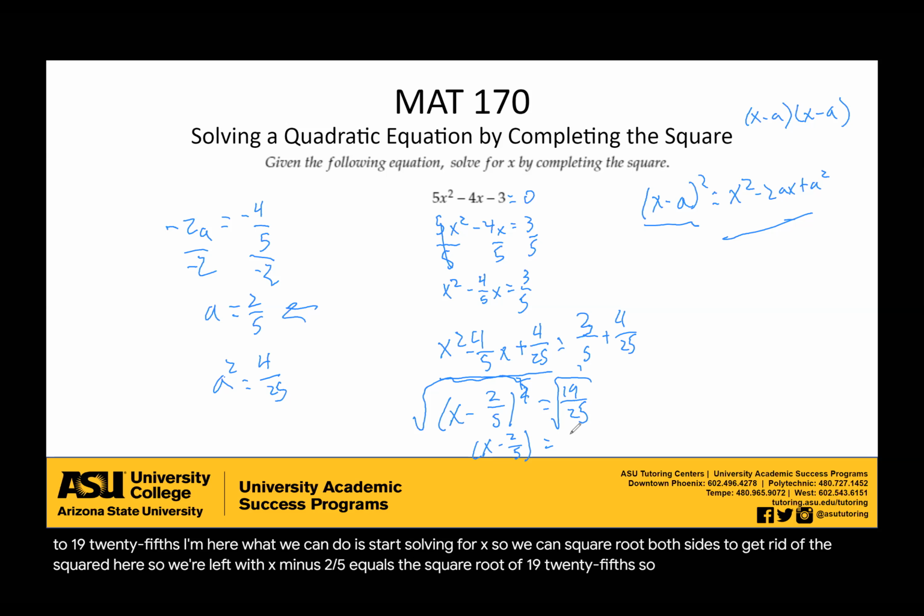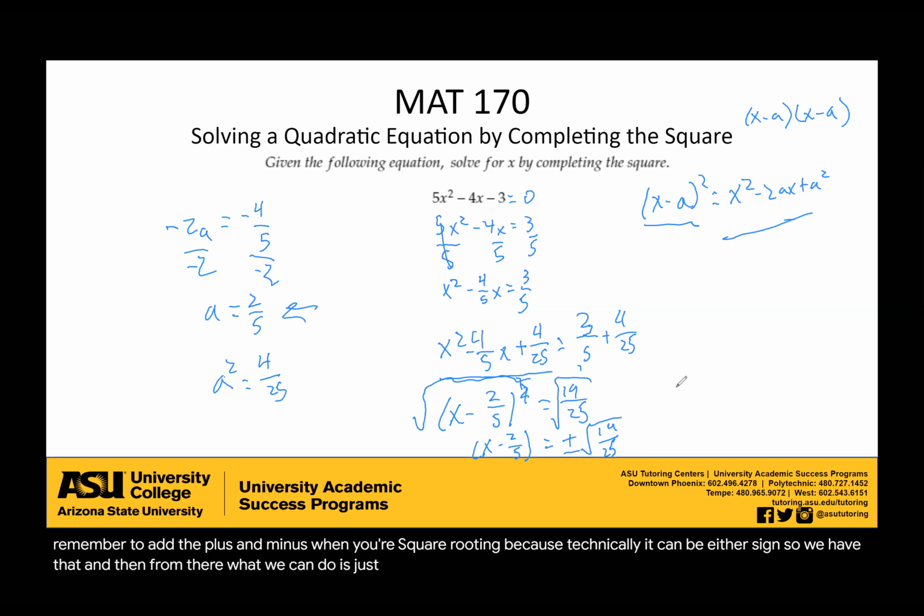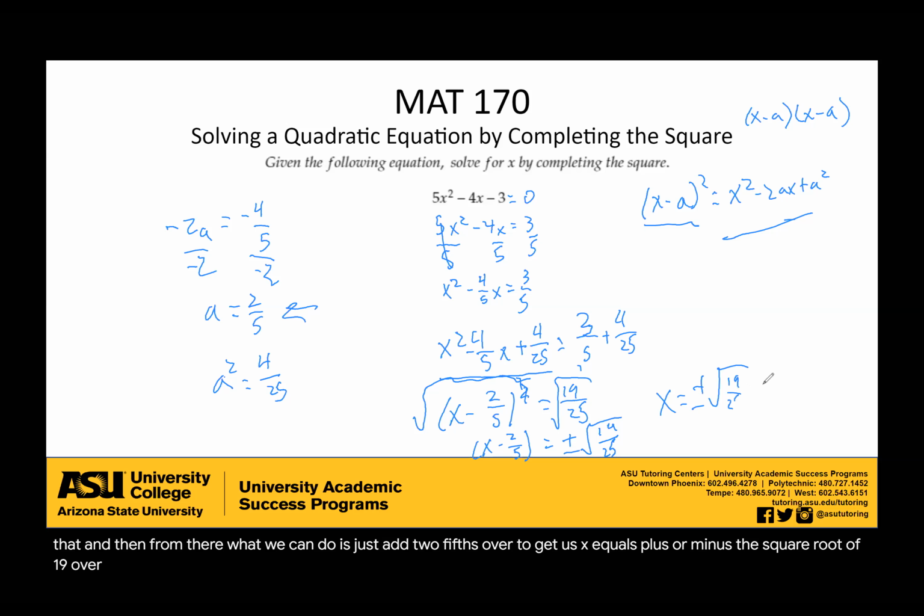It's really important that you remember to add the plus and minus when you're square rooting, because technically it can be either sign. Then we add 2/5 over to get x equals plus or minus the square root of 19/25, plus 2/5. So it's a little messy.